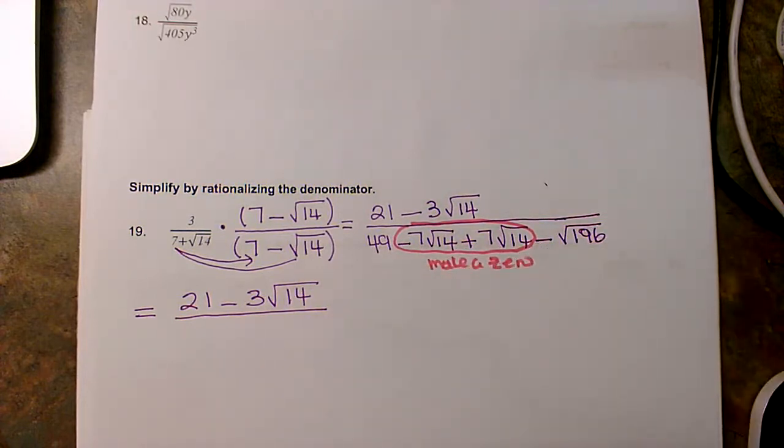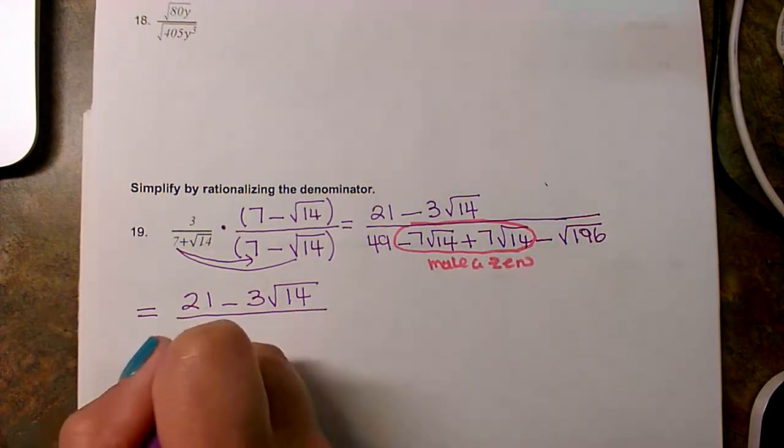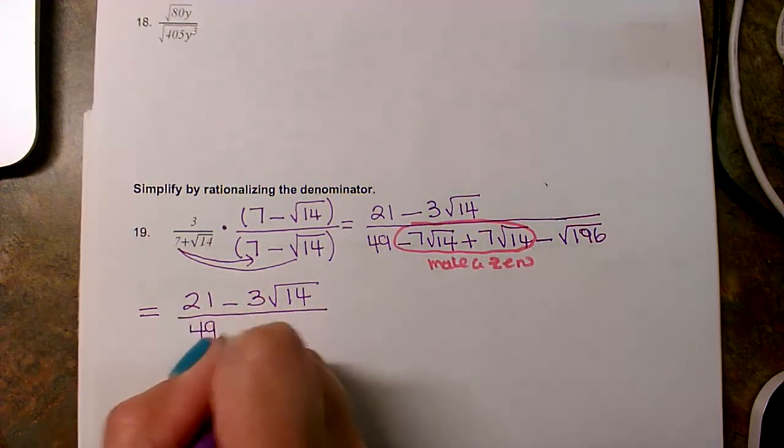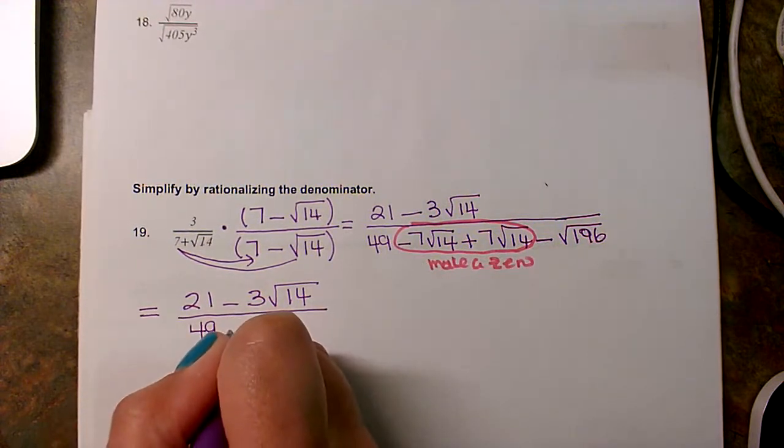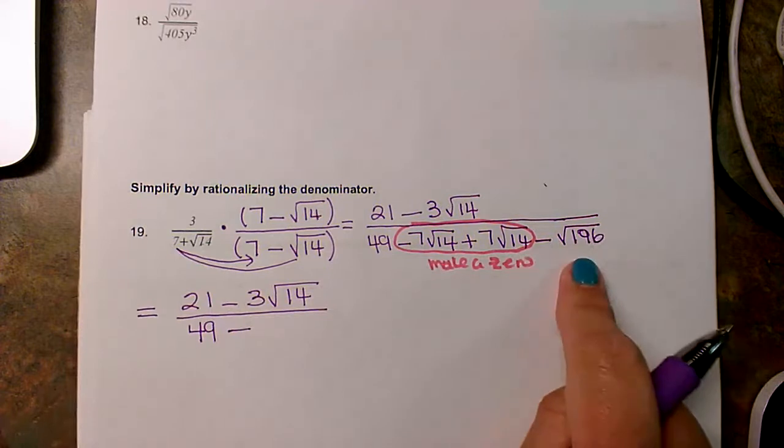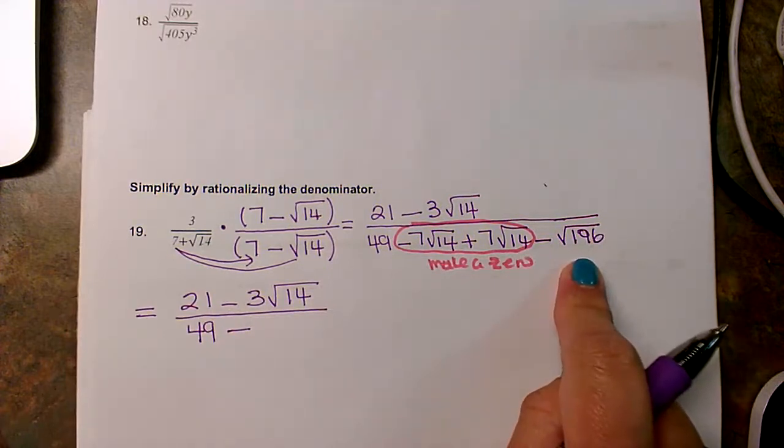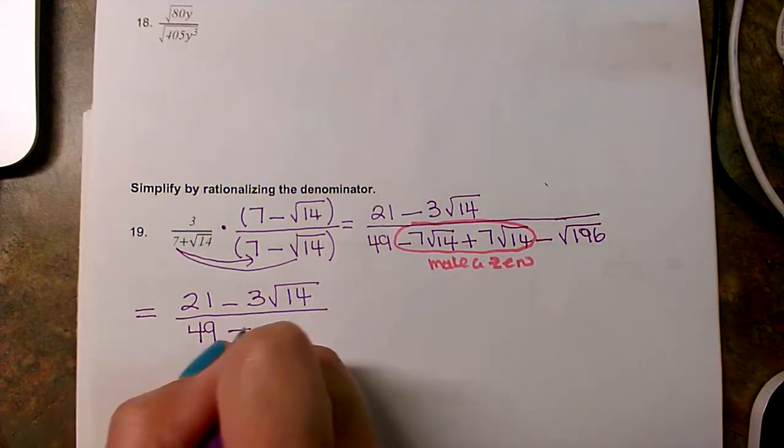Perfect. So we have 49 minus, what's the square root of 196? 14, right?